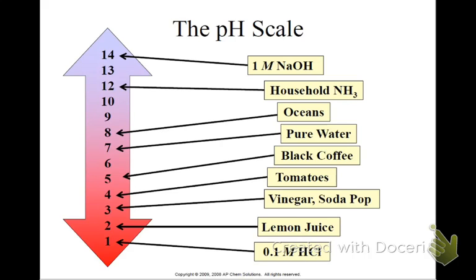The scale does not stop at 1 and it does not stop at 14. You can go beyond both of those. That's just generally what we write it ending at. But I mean, the concentration of pure HCl is 12 molar, and so that's going to go well beyond 1. It's going to get down into the negative range. And if you get a concentration higher of sodium hydroxide, which is more than possible, the pH will go above 14.